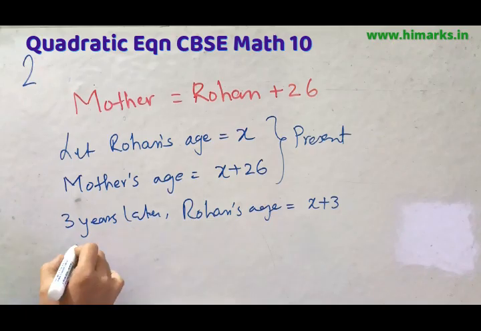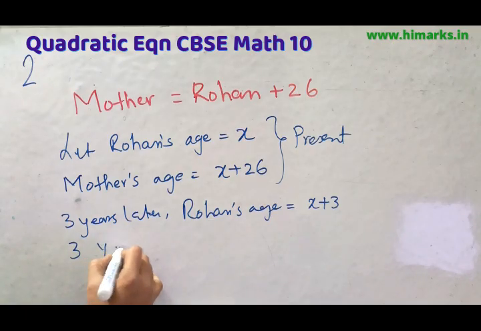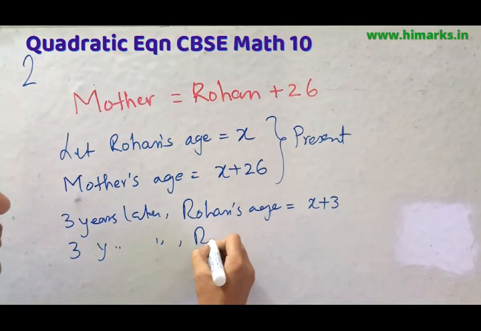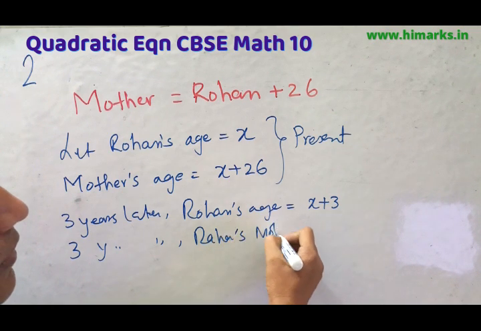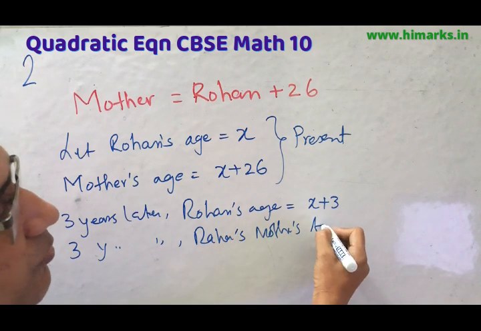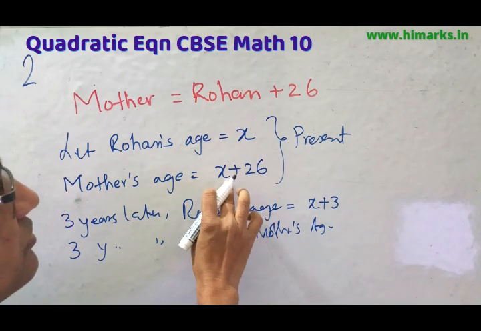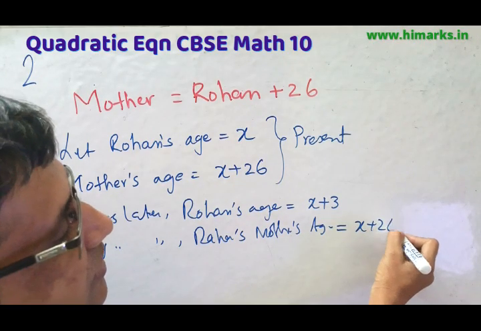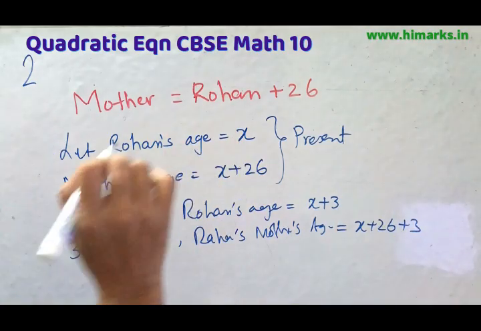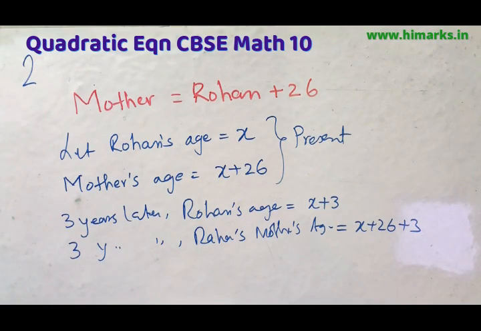Again, 3 years later, Rohan's mother's age will be, already mother's age was x plus 26, so x plus 26 plus 3. After 3 years, whatever their ages will be, the product will be 360.